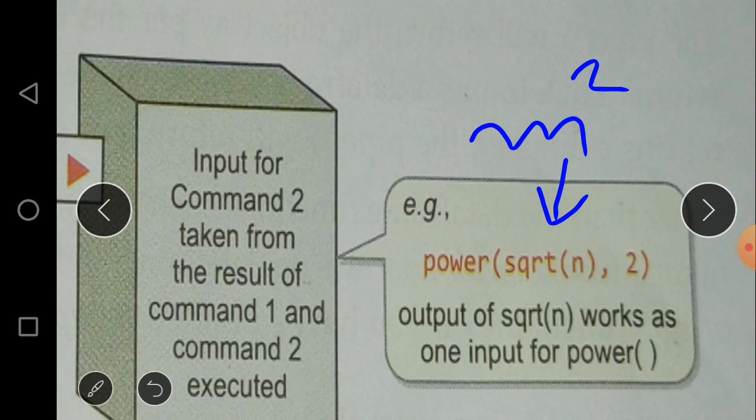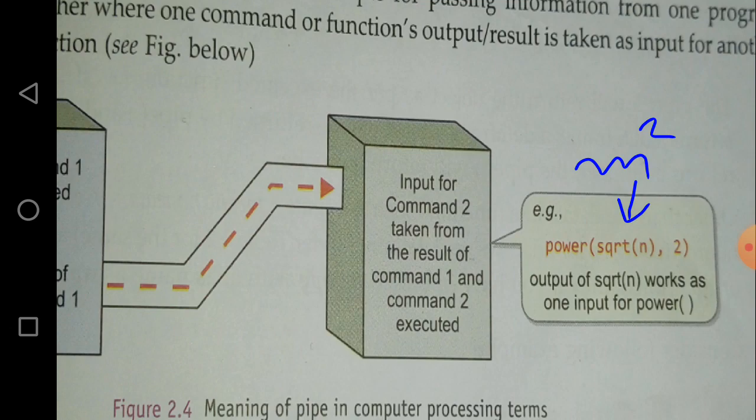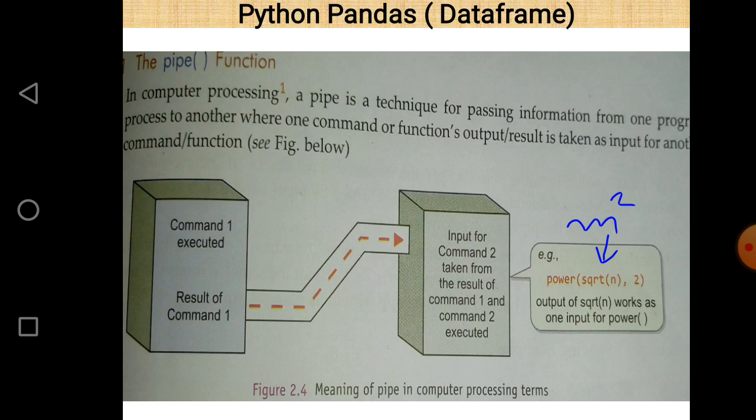This can be implemented using the pipe function, so this is the meaning of the pipe function. Piping of functions basically means the chaining of functions in the order they are executed, in which the output of the first one is the input for the second one, and the chain goes from one phase to another.